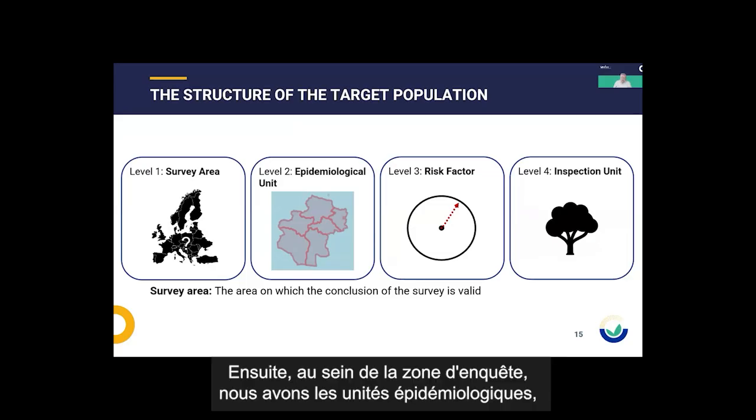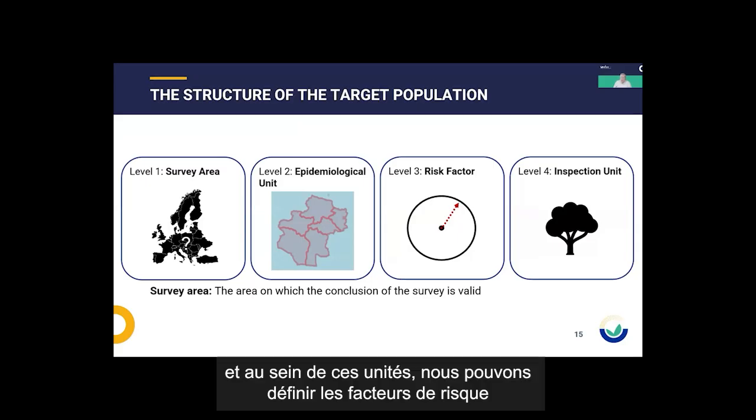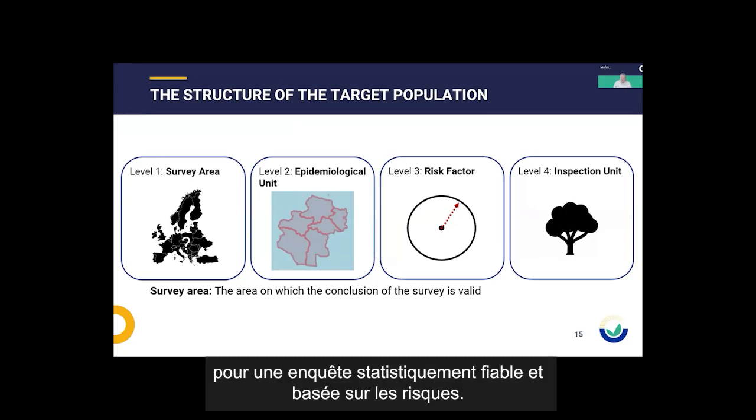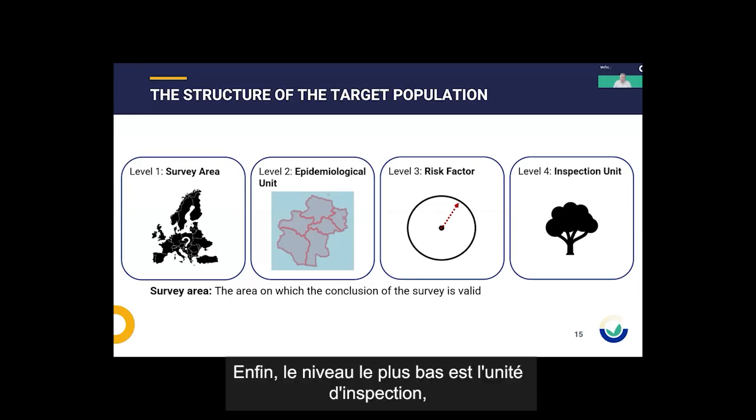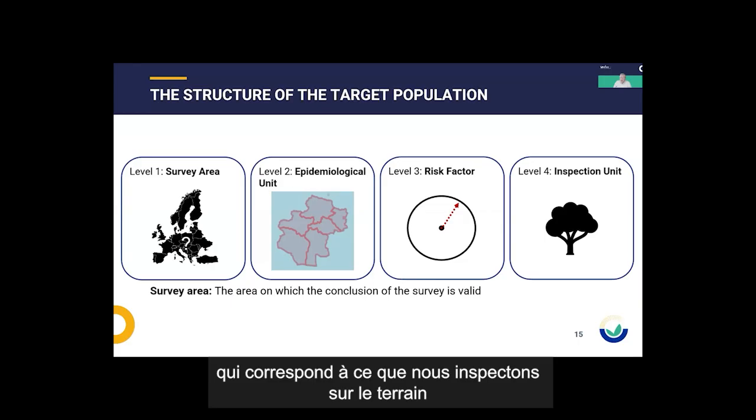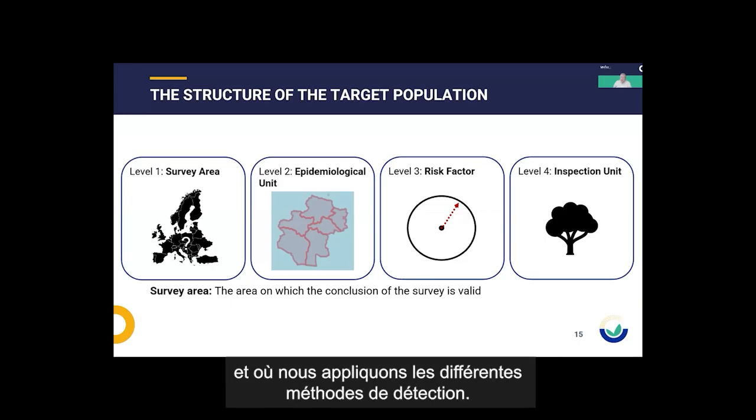Then within the survey area, we have the epidemiological units, and within the epidemiological units, we might be able to define risk factors for a statistically sound and risk-based survey that tell us where the pest might be more likely to occur. And finally, the lowest level is the inspection unit. That is what we inspect in the field and where we apply the different detection methods.